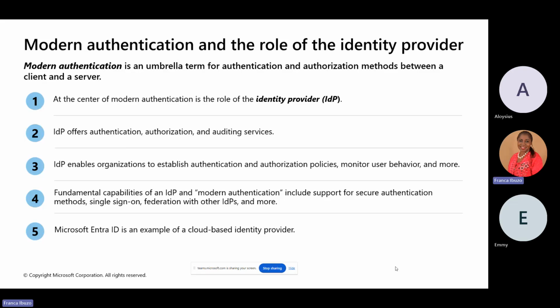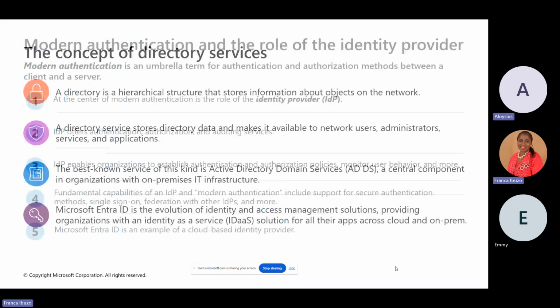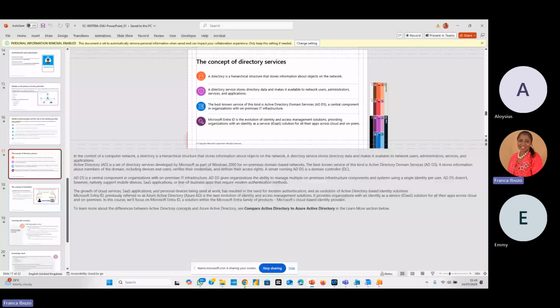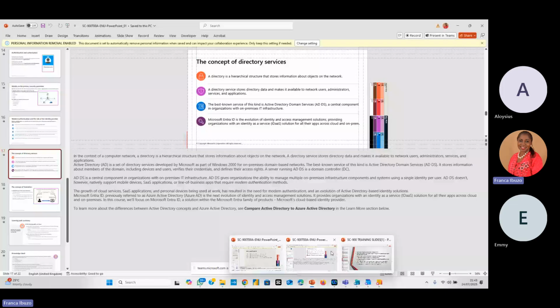We have Microsoft Entra ID as an example of a cloud-based identity provider. Okay, so I'm going to break this down for you so that at least we understand this as we go on.